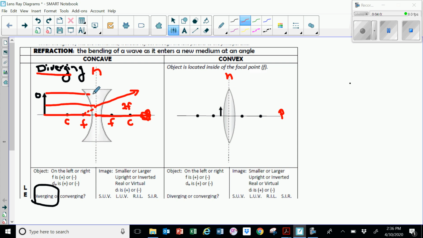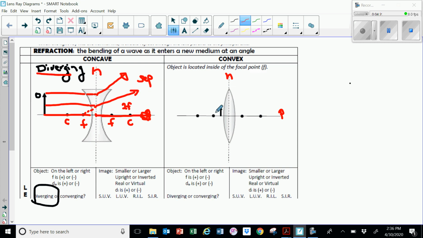This one does the same thing. You can see these diverge outward. They separate from each other on the right side of the lens, and so they're diverging.